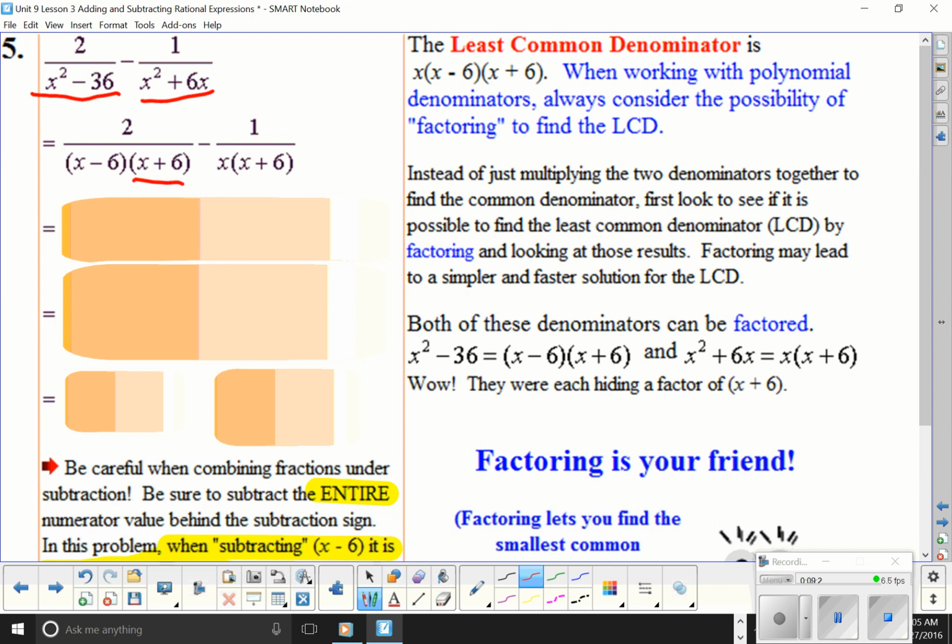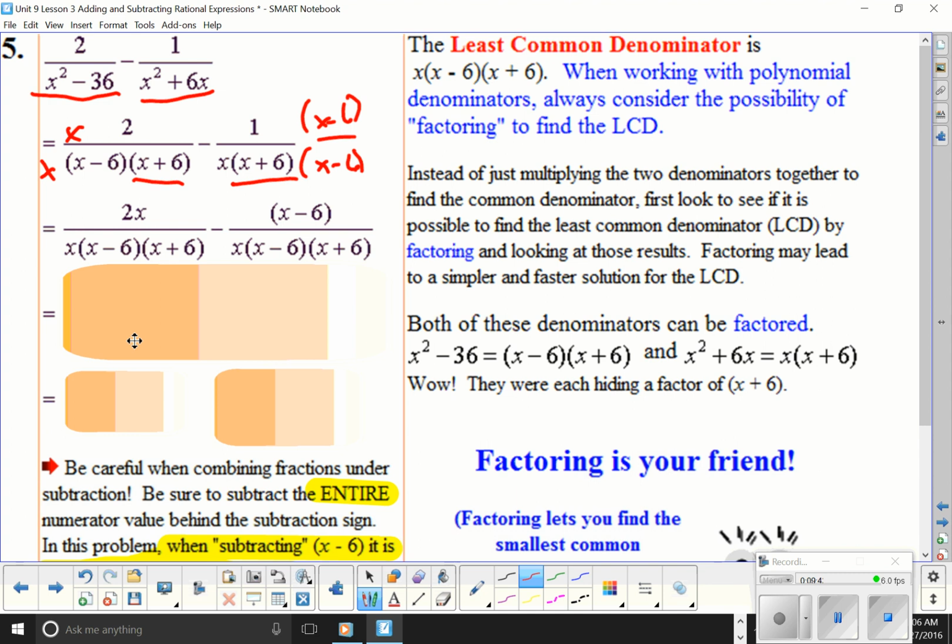This is common to both of them. So therefore, I don't have to worry about that. Here, I do have to multiply this one by x minus 6 over x minus 6. And this guy I have to multiply by x over x, which I do in the next one.